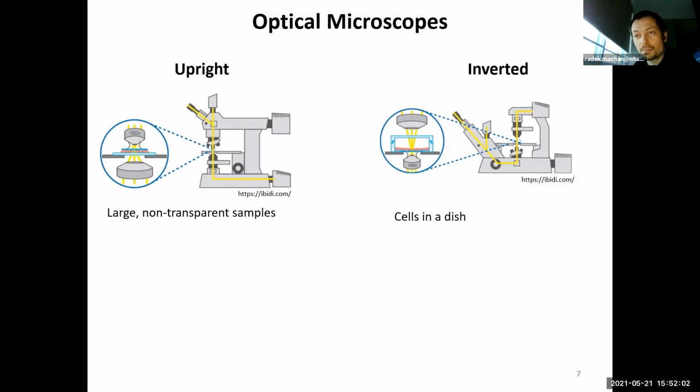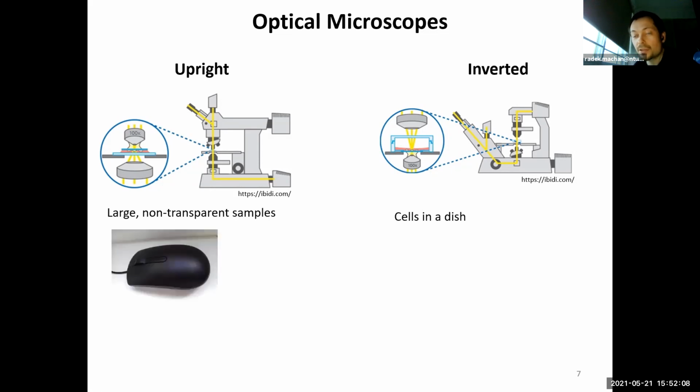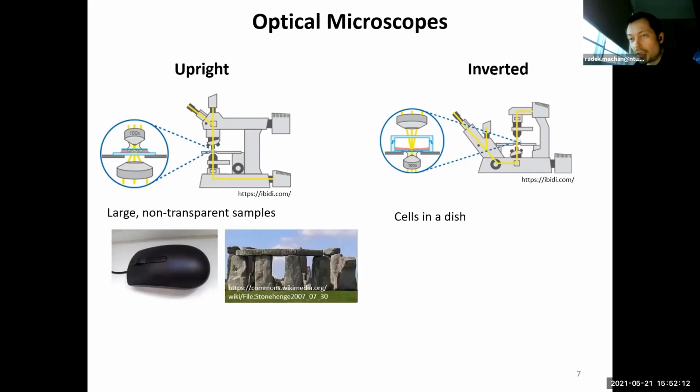Typical examples are larger animals, such as rodents, like a mouse in this example, or if you want to see something on the surface of non-transparent materials, like bacteria growing on a piece of stone, for example.